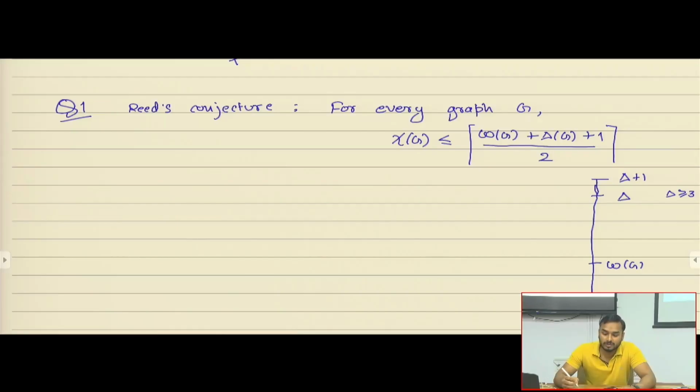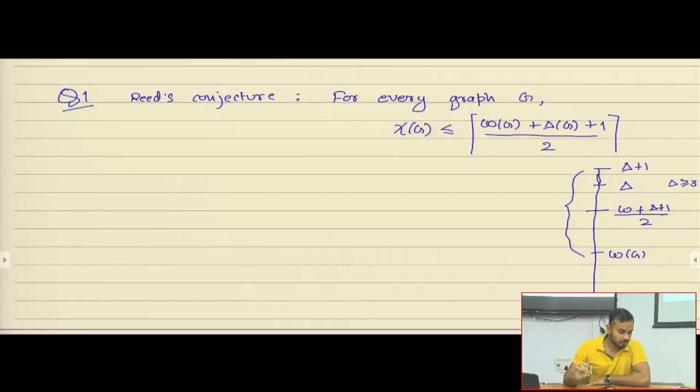But Reed's conjecture further says that the chromatic number is actually midway between these, omega and delta plus 1, divided by 2. So basically this problem is open, and let us do the first part of this question.